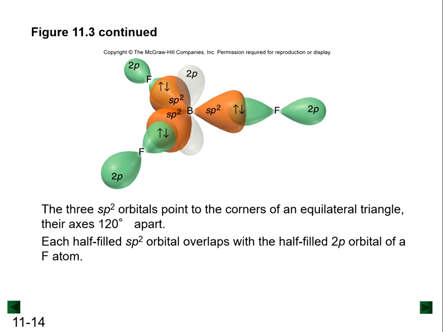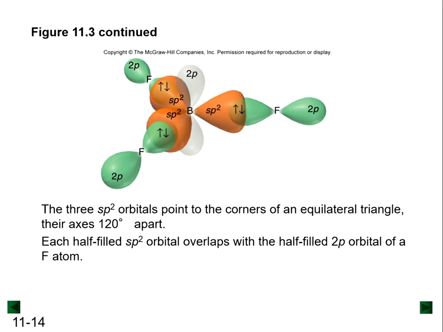We see the boron trifluoride. If we had gone through and done the VSEPR, it would be trigonal planar, and it's a trigonal planar electron group arrangement. That's the key here. And the remaining unhybridized 2p orbital is perpendicular to the plane of the molecule. We can see in each case a half-filled sp2 hybrid orbital interacts with a half-filled 2p atomic orbital on fluorine.